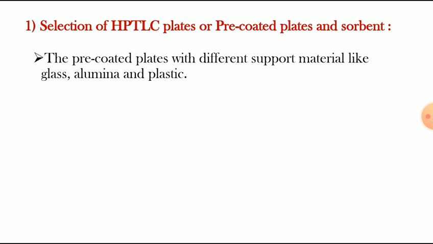That means what type of material will be used for making the pre-coated TLC plate. Pre-coated plates with different support materials like glass, alumina and plastic are used. Generally, glass, alumina and plastic material will be used as the supporting material.